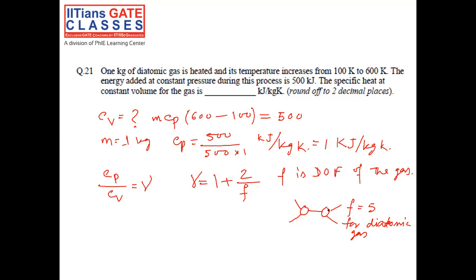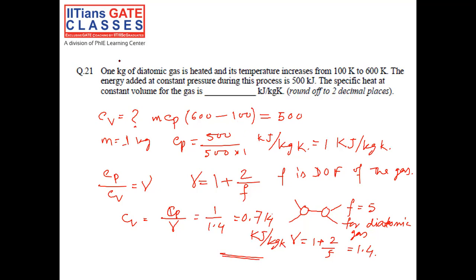That is, a diatomic gas has 5 degrees of freedom. So gamma will be equal to 1 plus 2 by 5, which is equal to 1.4. Hence Cv will be equal to Cp by gamma, which is 1 by 1.4. This will come to around 0.714 kilojoule per kg Kelvin. So this is the answer.